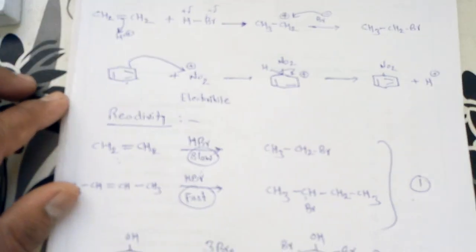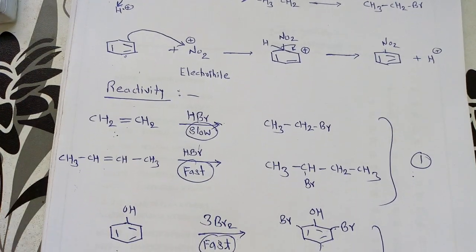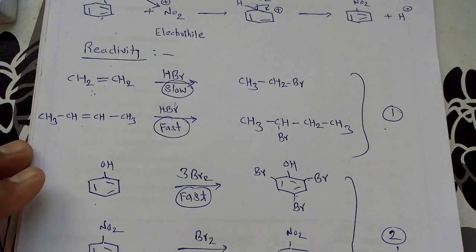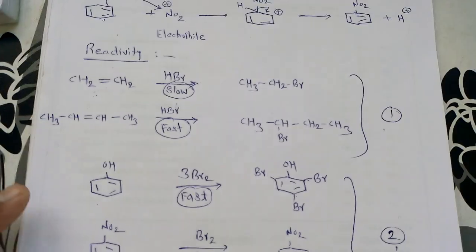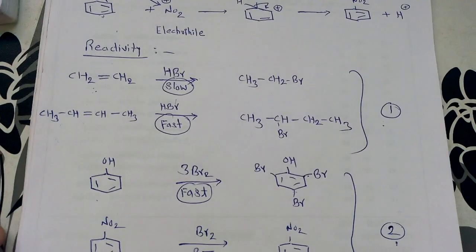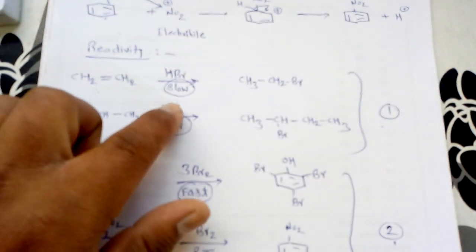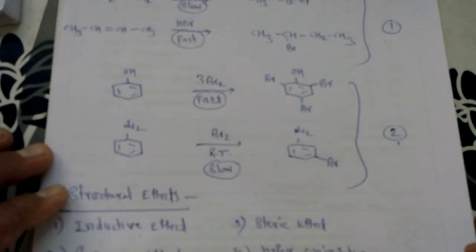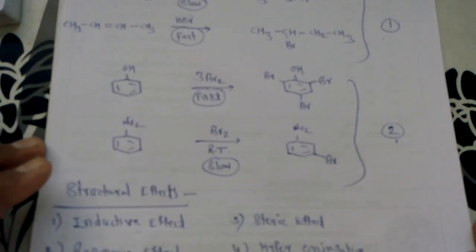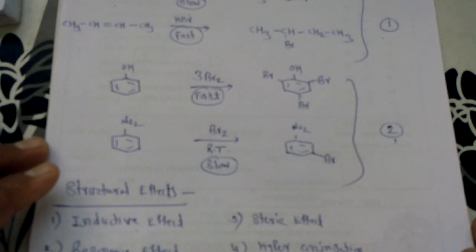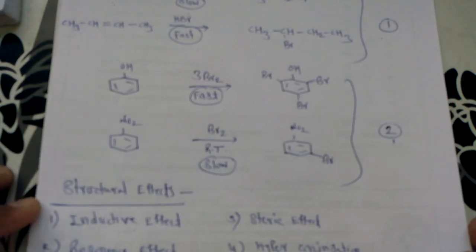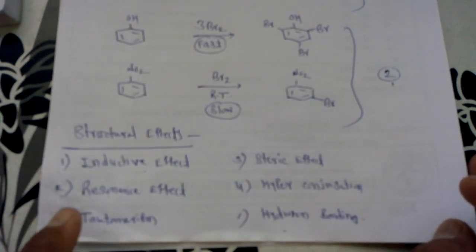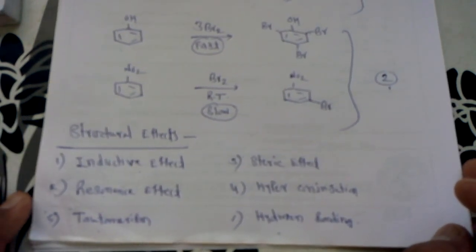After that we considered these 2 different cases in which we looked at the reactivity of organic molecules, how this reactivity differs with similar types of reagents, and after studying this reactivity, what different structural effects affect it. So these 6 different effects affect the rate of a chemical reaction.